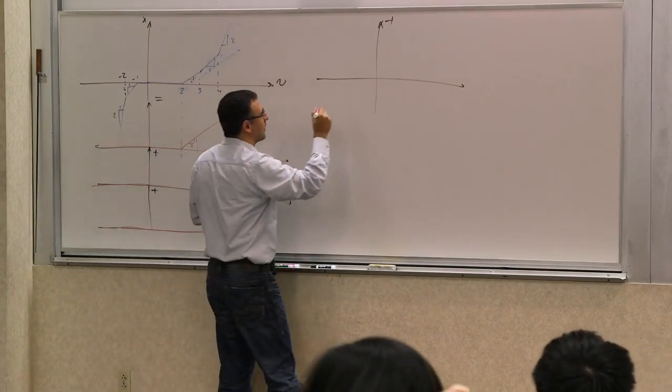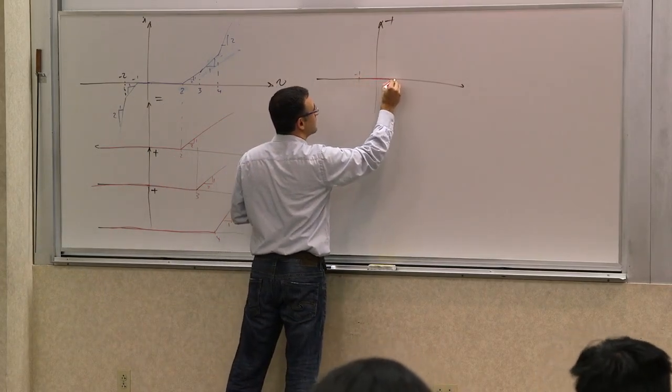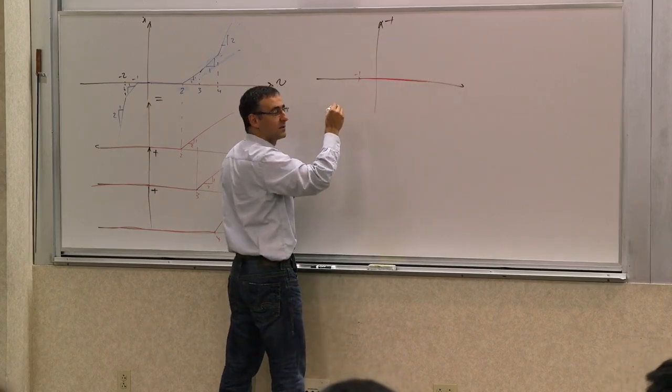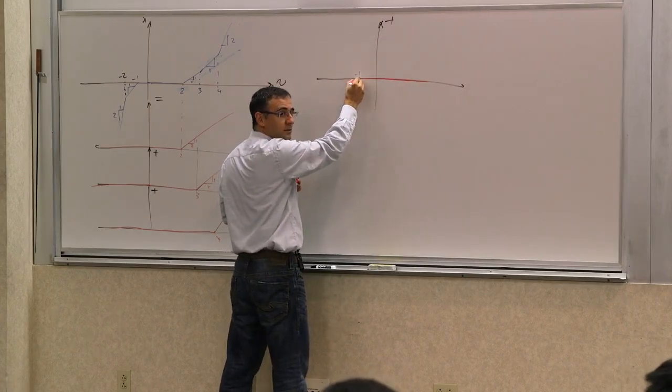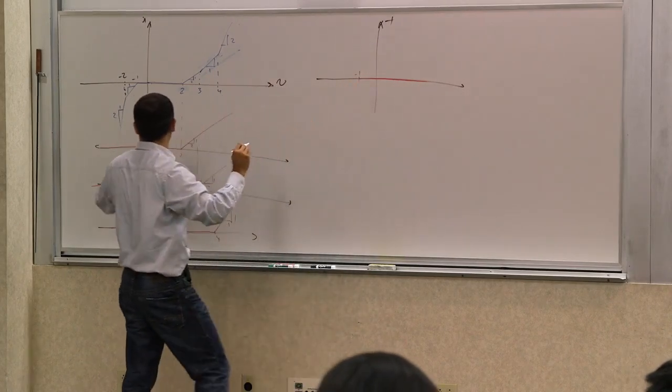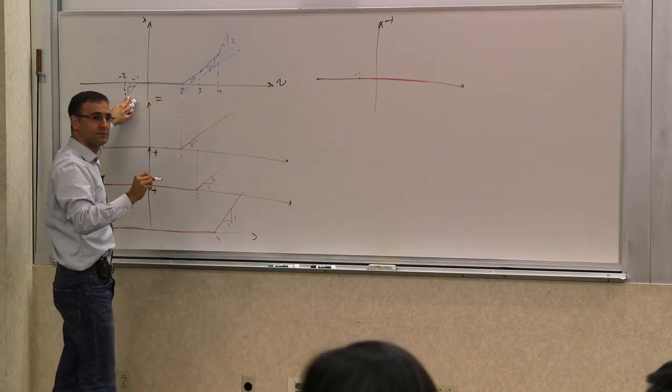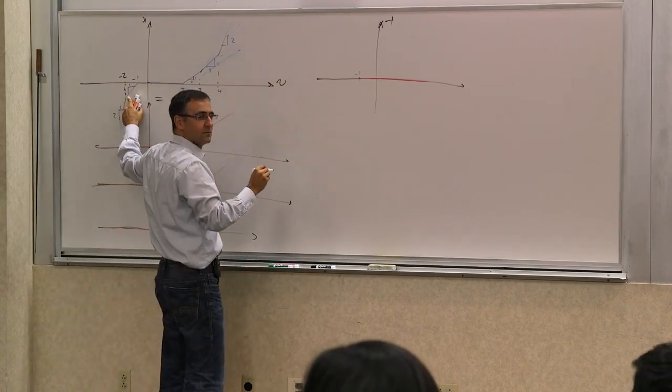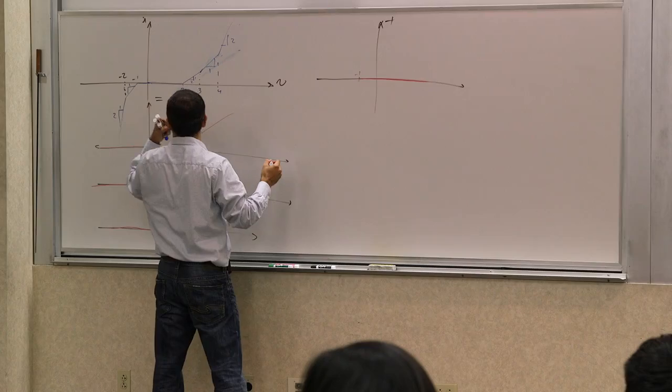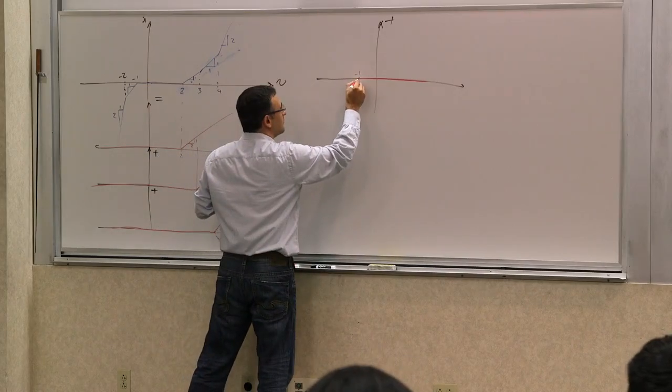Okay, starting at -1, right? And with what slope? This has a slope of 1. Slope of 1, right?